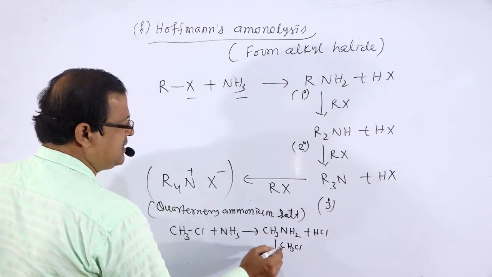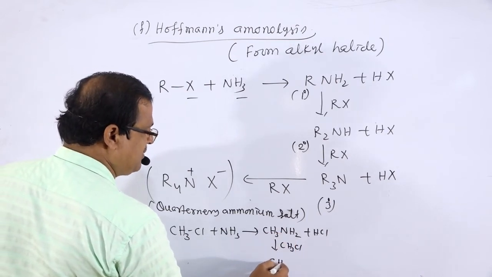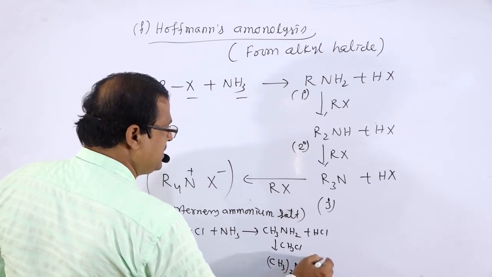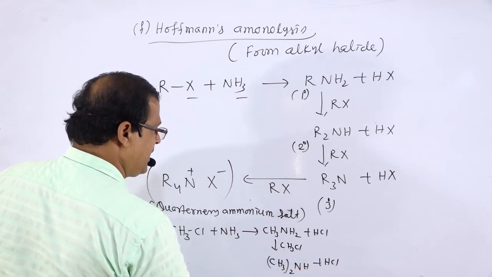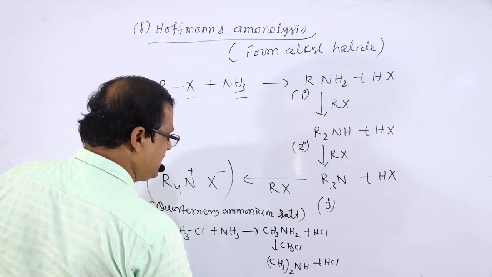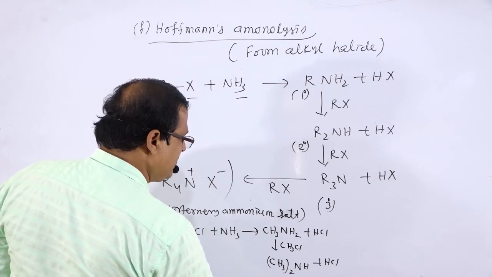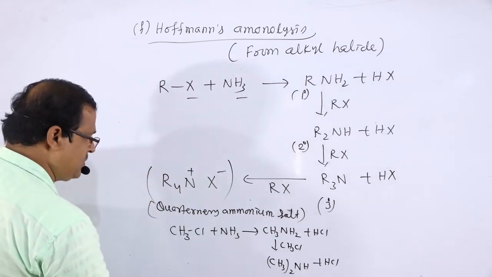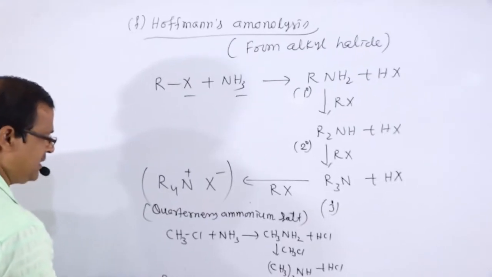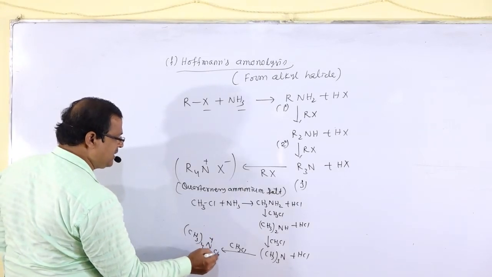Again the hydrogen atom is replaced by that CH3, so that the formation of (CH3)2NH plus HCl. Again that reacts with CH3Cl, that the formation of (CH3)3N plus HCl. Again that reacts with CH3Cl, that the formation of (CH3)4N+ Cl-.